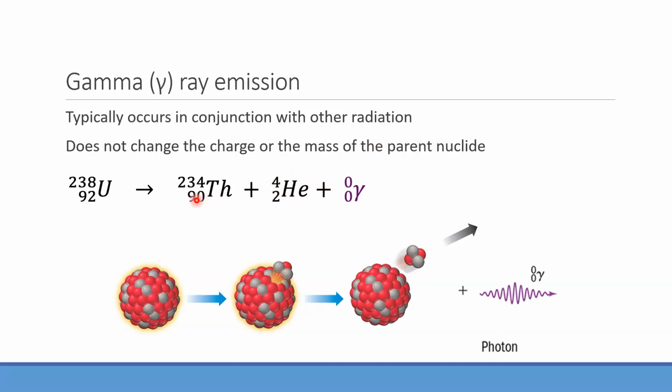So the change in charge and mass on this right here is solely from this. This doesn't add anything because there's zeros on it, which is what that tells you. There's no mass or charge. And so we have this reaction occurring, emitting an alpha particle, and then also some energy is emitted as well.